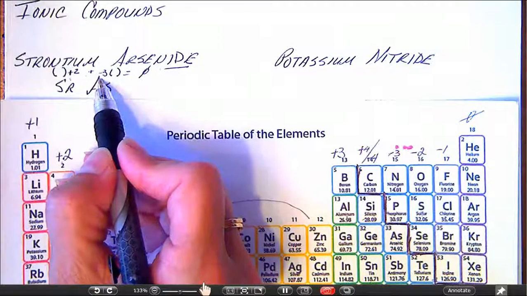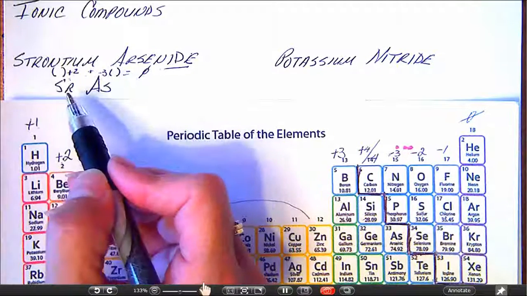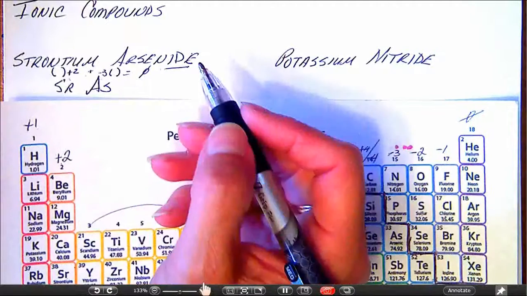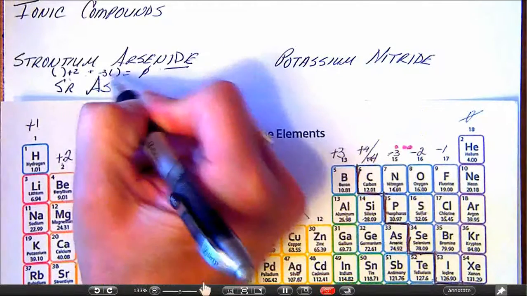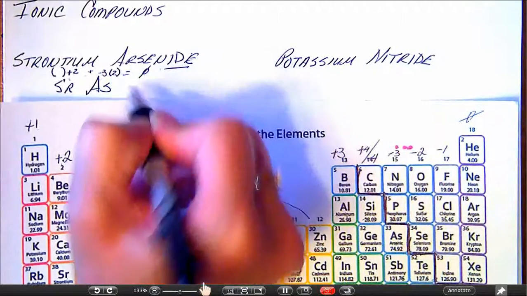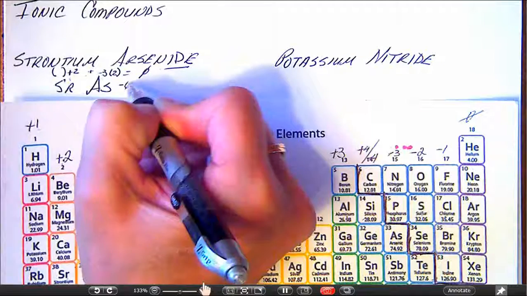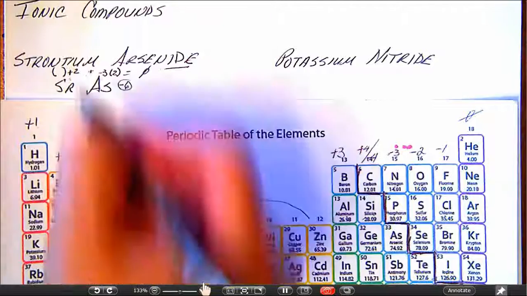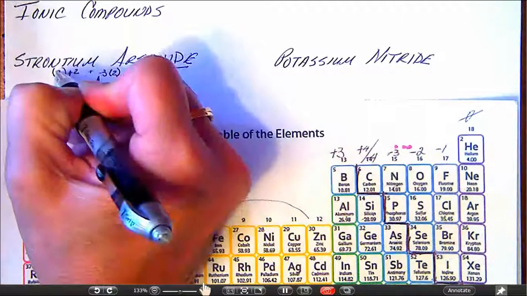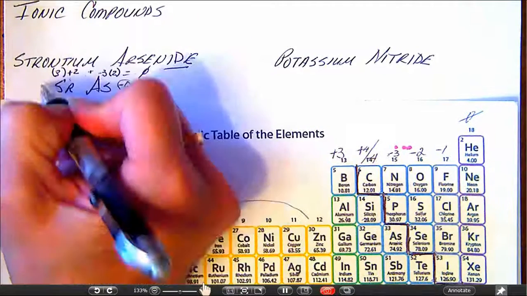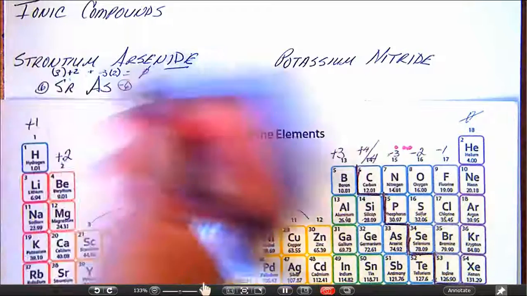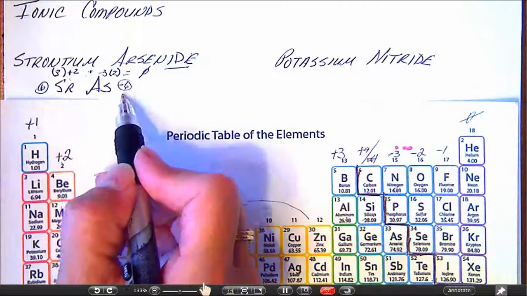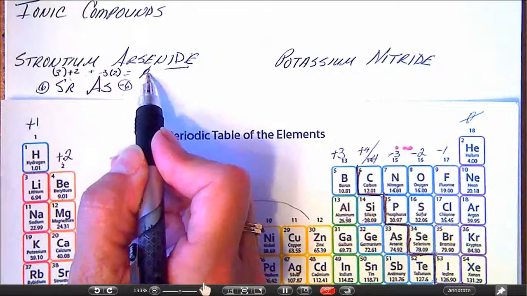So you have to find a number that they will both go into. And that number, of course, is 6. So -3 times 2 makes a -6. I'm going to squeeze that right there so you can see the math. And 2 times positive 3 is going to make a positive 6. Well, 6 and negative 6, when added together, equal a 0.